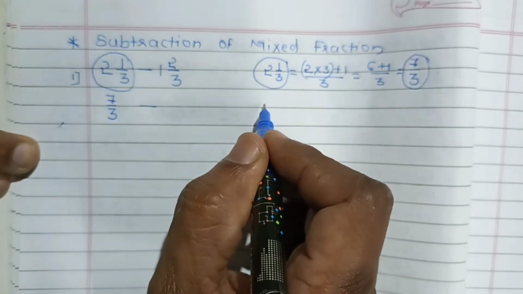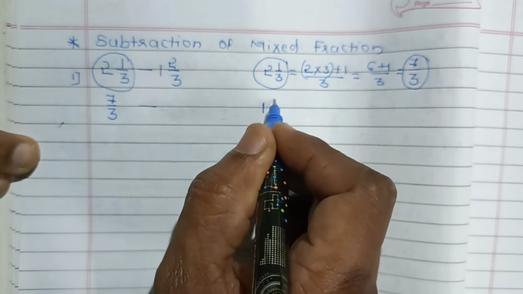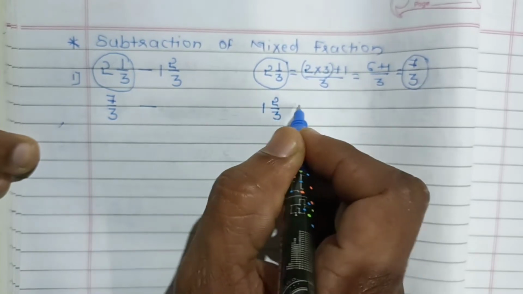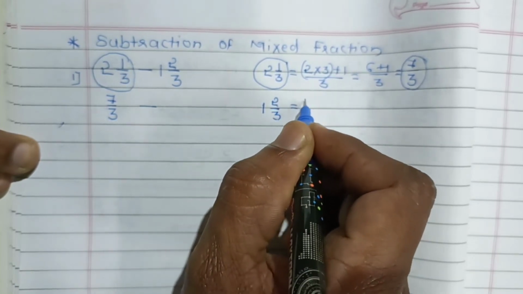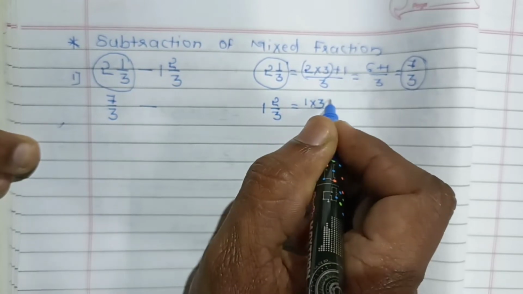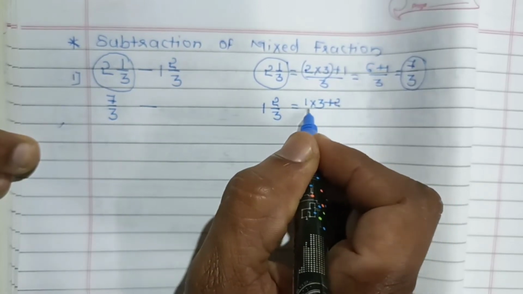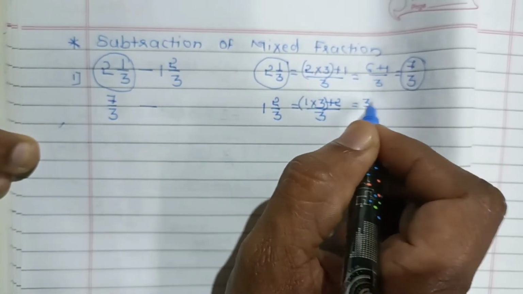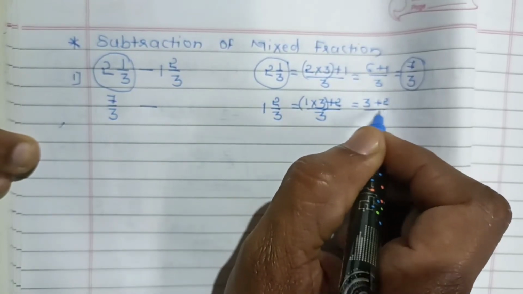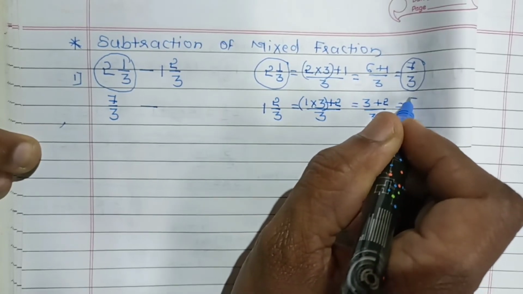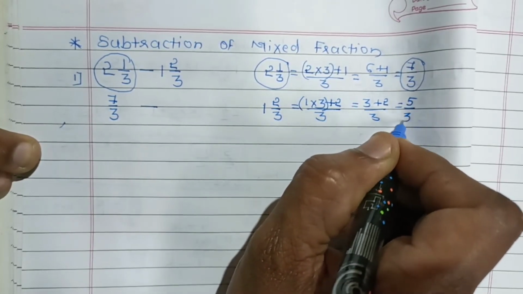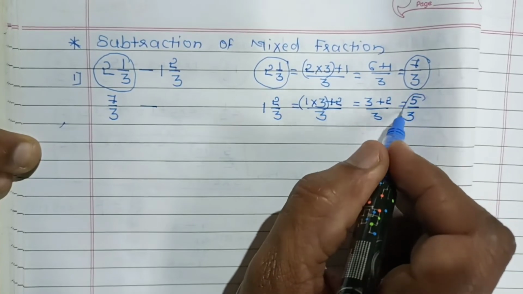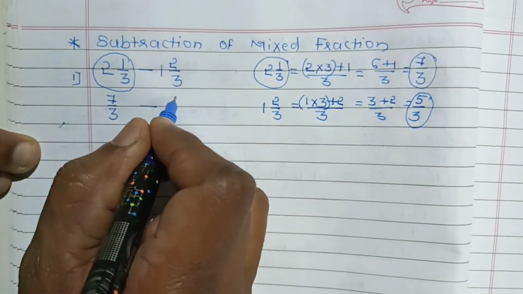Let me write here this mixed fraction here. 1 into 2 divided by 3 is equal to 1 multiplied by 3, and then plus operation you have to write is 2 divided by 3. So 1 into 3 is how much? 3. Then this is plus 2 divided by 3. 3 plus 2 is 5 divided by 3. So this improper fraction you have to write here now, 5 upon 3.